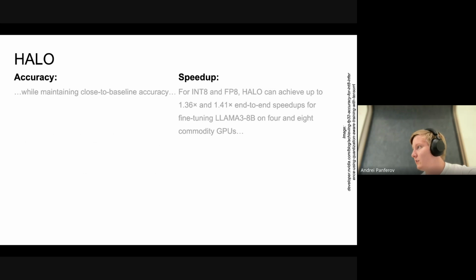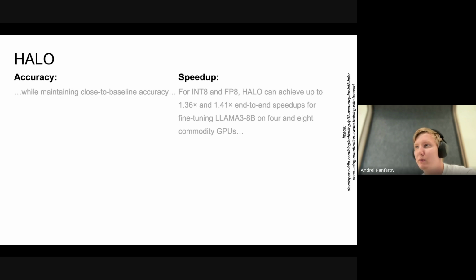Another method that is much more modern, that was first shown early this year, is Halo, where they use low precision matrix multiplications to train large language models. In terms of accuracy, what they demonstrated can pretty much be summed up by the quote from the paper where they say that they simply maintain close to baseline accuracy, without going into much detail about what they mean by close and how much closer they are than other methods.